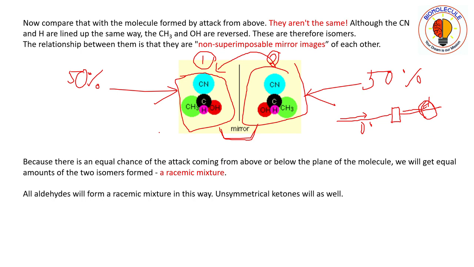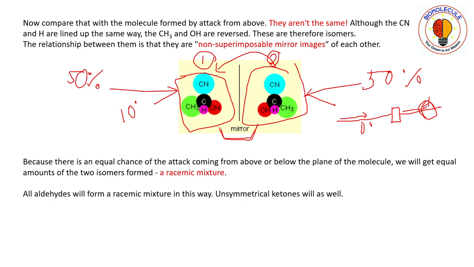Another characteristic property is that if a molecule has a non-superimposable mirror image, then suppose this molecule number 1 deviates the light by plus 10 degree.